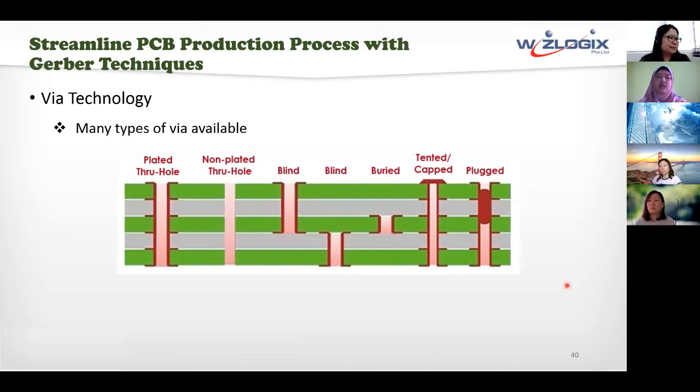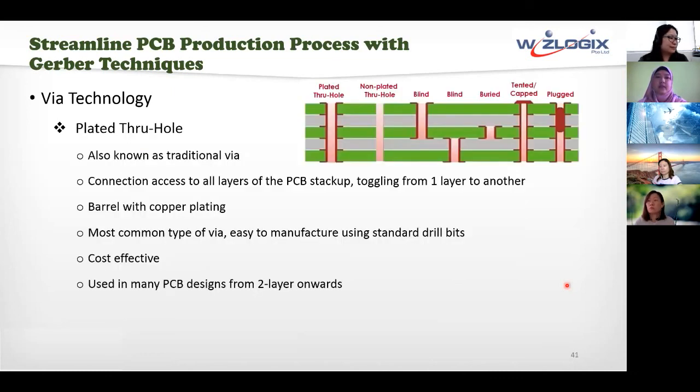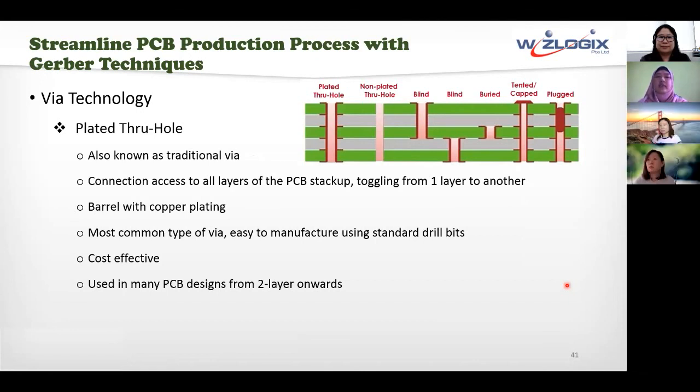I'll just go through briefly. Plated through hole is your typical or traditional hole that you see on your board or those that you use on your layout design. Plated through hole gives you connection access to all layers. It allows you to toggle from one layer to another with copper plating in the barrel, and it's easy to manufacture using standard drill bits, and it's relatively cost effective.